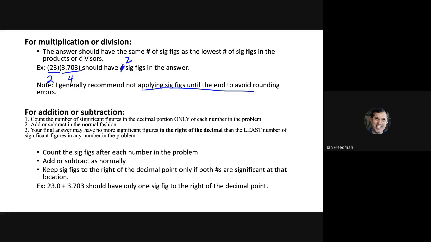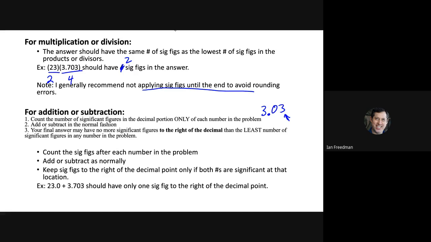Okay, for addition or subtraction, let's count the numbers after the decimal point. So if your number is like 3.03, the important point is that this is now in the hundredths place. So this is significant to the hundredths place.